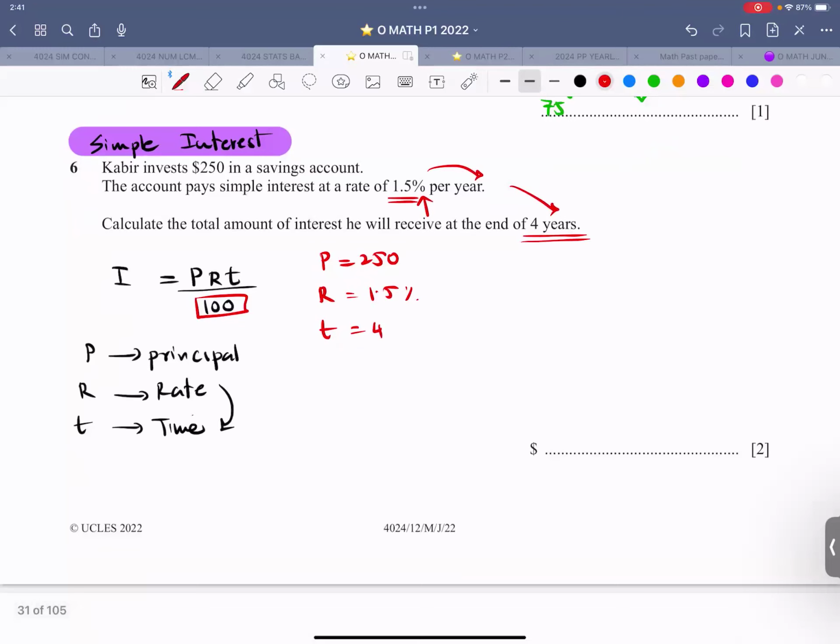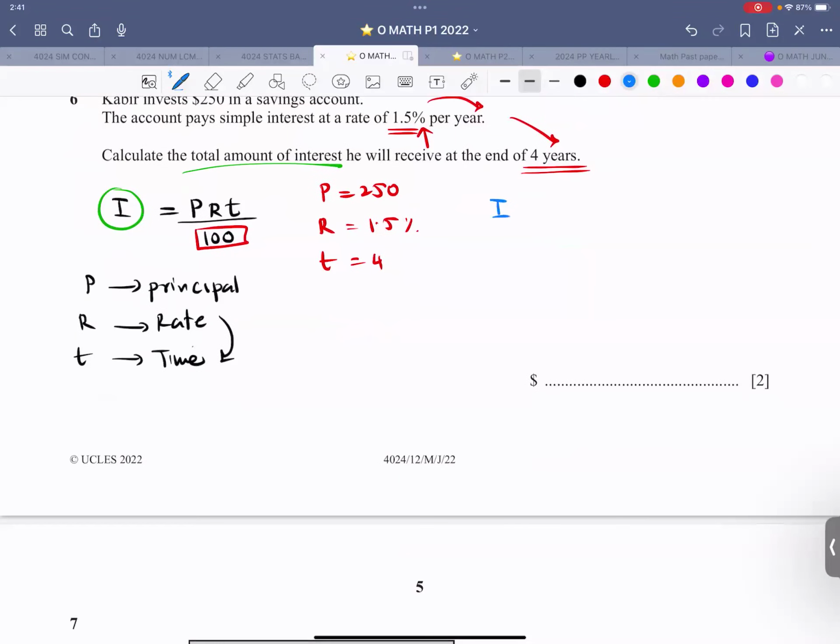We are interested in the total amount of interest, just I. So the working is pretty simple. I is equal to 250 into 1.5 into 4 divided by 100.